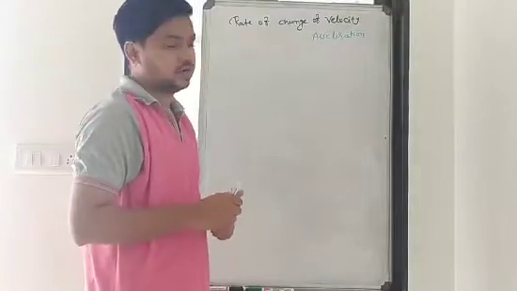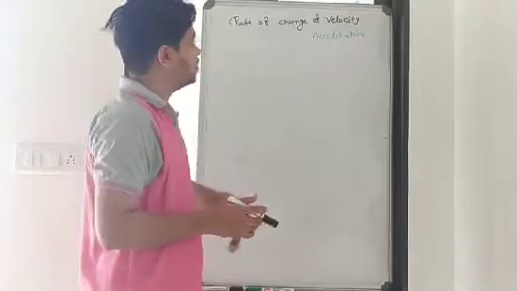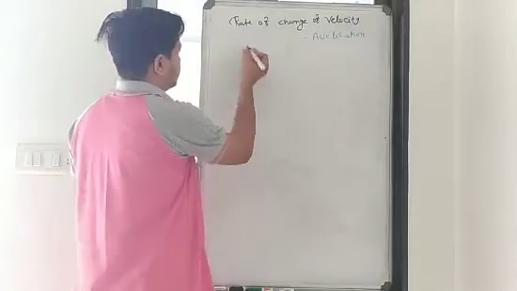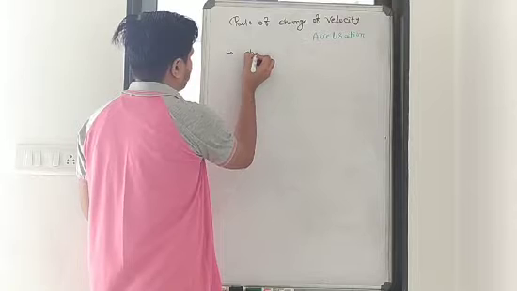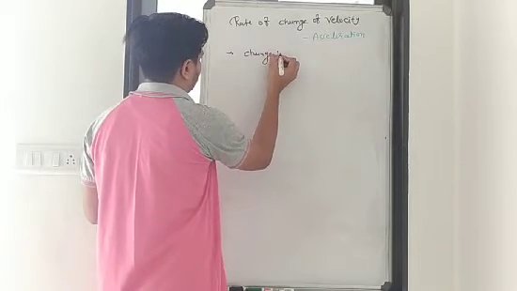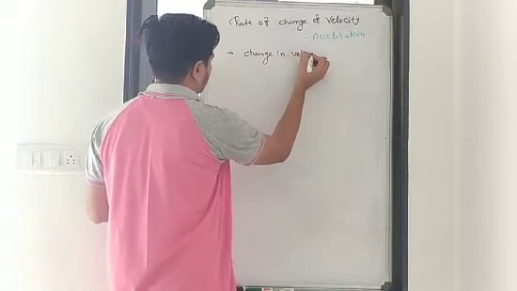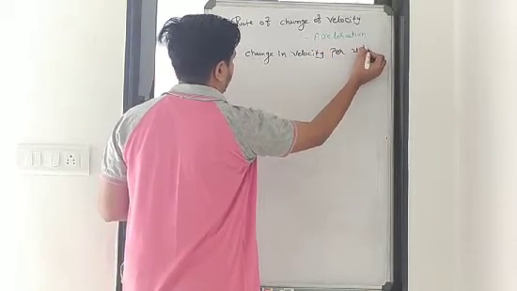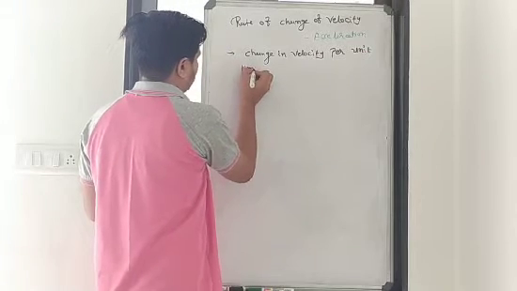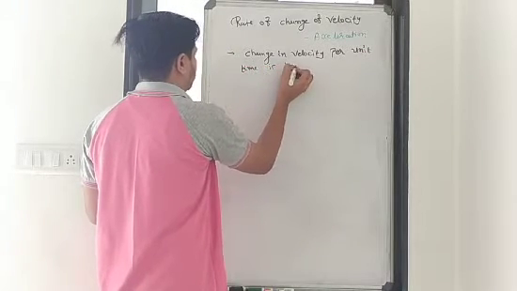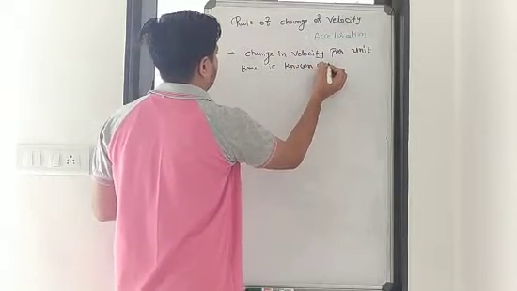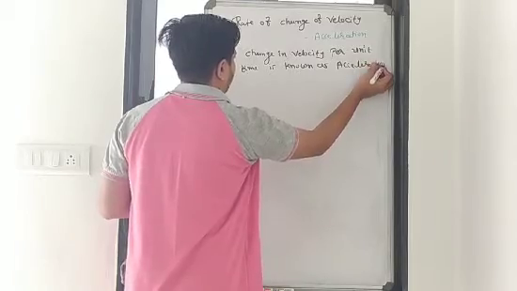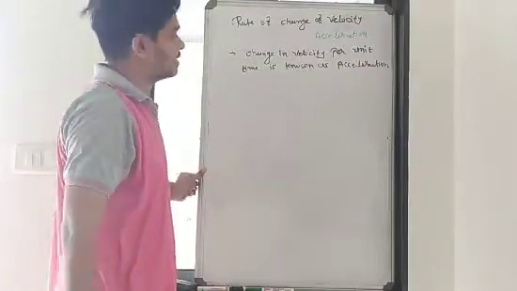What is the meaning of acceleration? You can say the definition of acceleration is the rate of change of velocity, or you can say that change in velocity per unit time is known as acceleration.